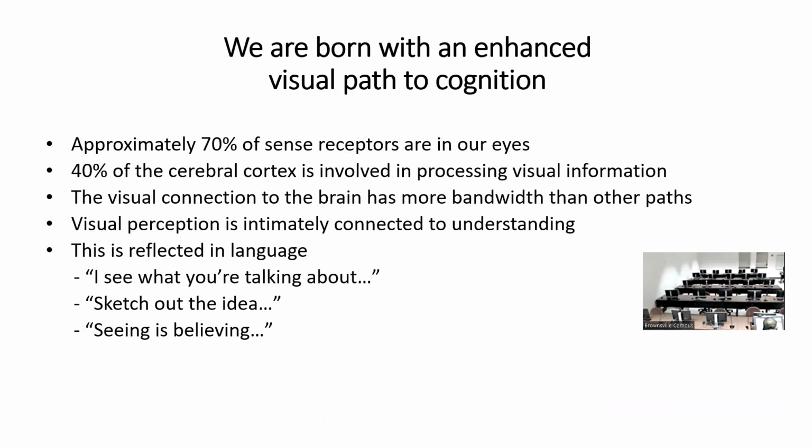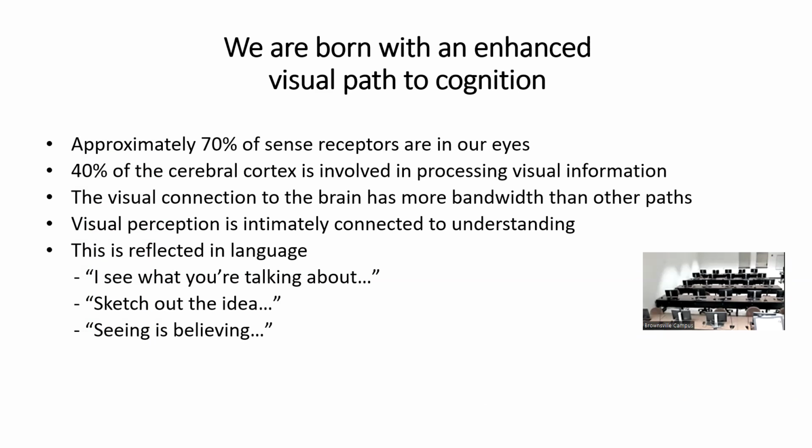Now let's move on to the foundational blocks of data visualization. So again, 70% of the sense perceptors in our body are actually in our eyes. And 40% of our cerebral cortex is involved in processing visual information.